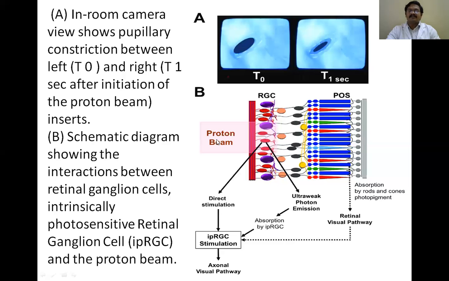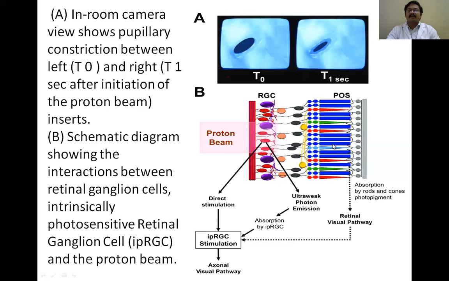These are the intrinsic photosensitive retinal ganglion cells, and with the photo beam they can be directly stimulated, or weak photon emissions are generated, and those also absorbed by the intrinsic cells cause the stimulation of the intrinsic retinal ganglion cell. This is the one mechanism.